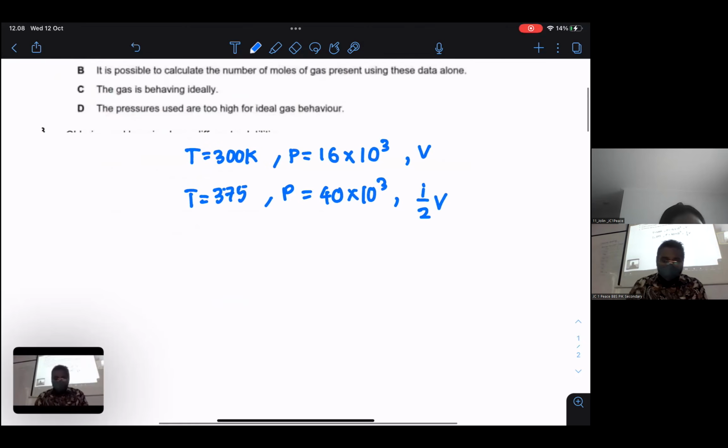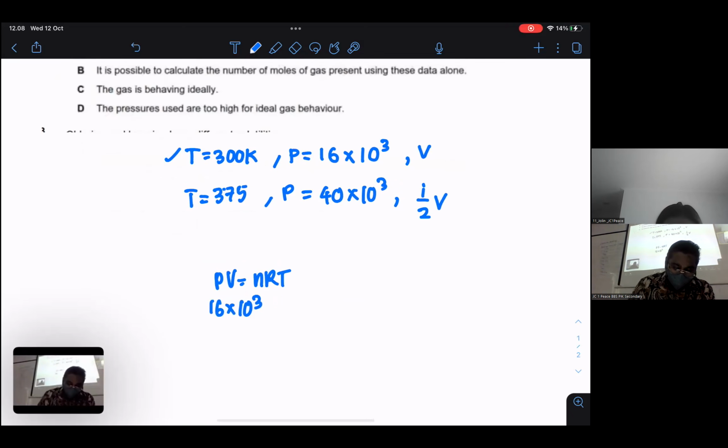So you just use the formula PV equals nRT for the first one: 16 times 10 to the power of 3, V, and then n. Assume this n must be the same with the next one, so just put it as n1, R, and the temperature is going to be 300.